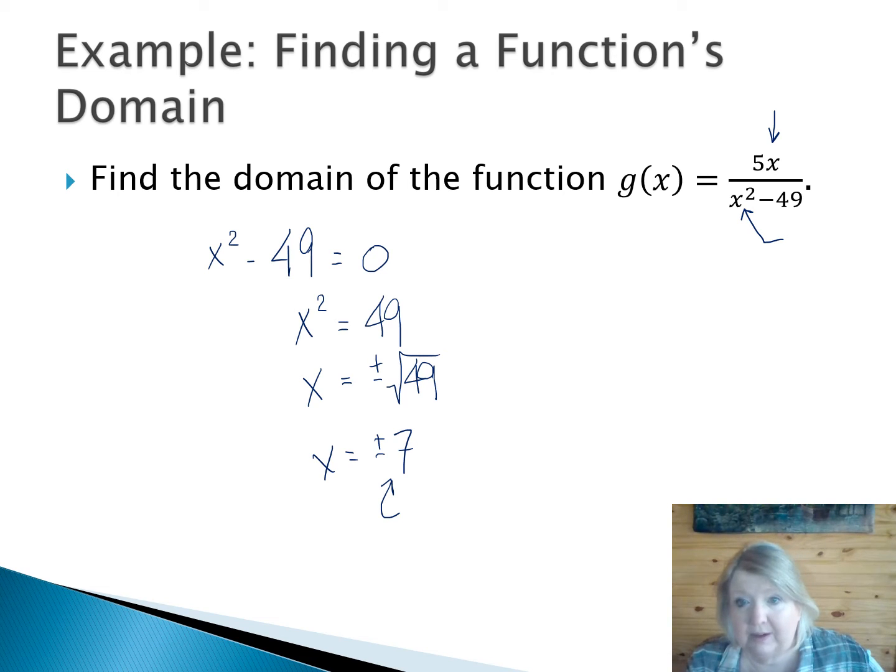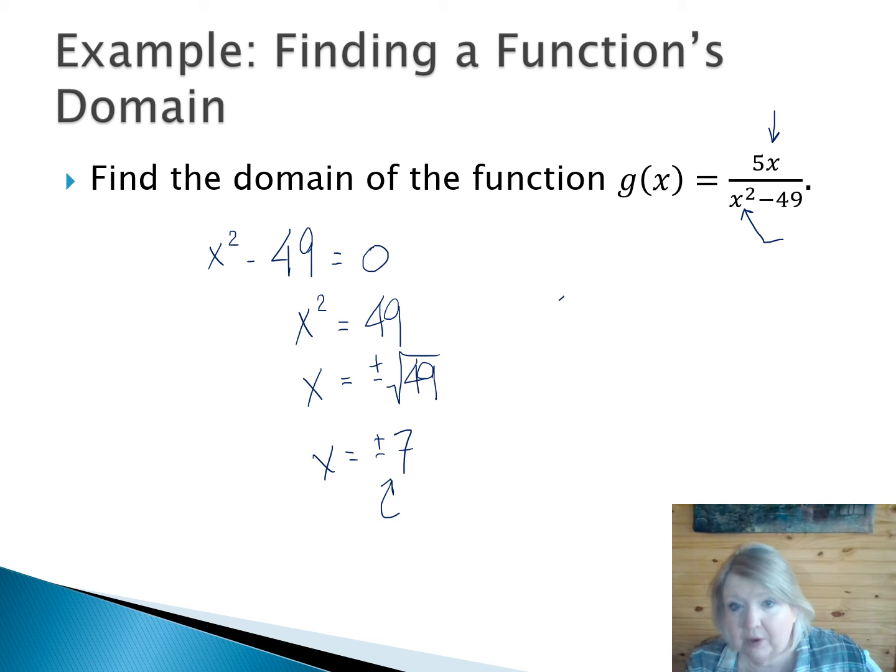Either one of them, if I substitute, I get 5 times 7 or 5 times negative 7 in the numerator, and that's fine. But in the denominator, I get that number squared, which in both cases will be positive 49 minus 49, which gives me a 0, and thou shalt not divide by 0.